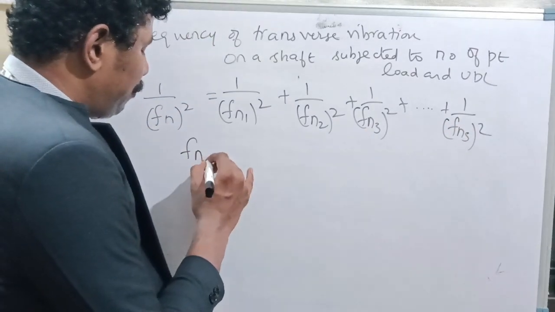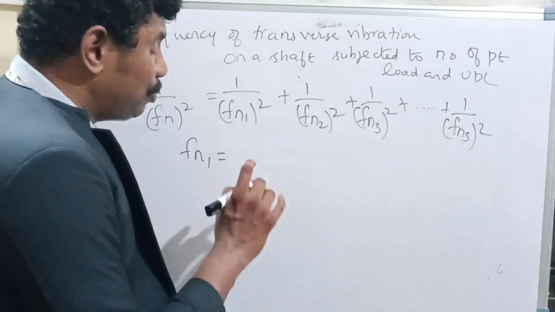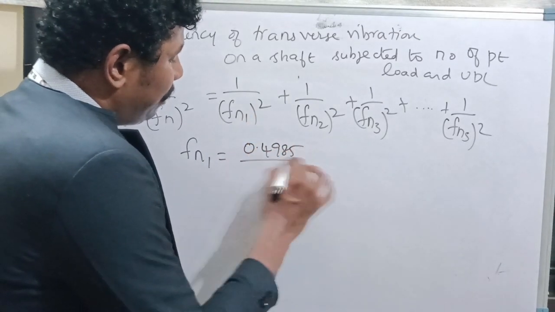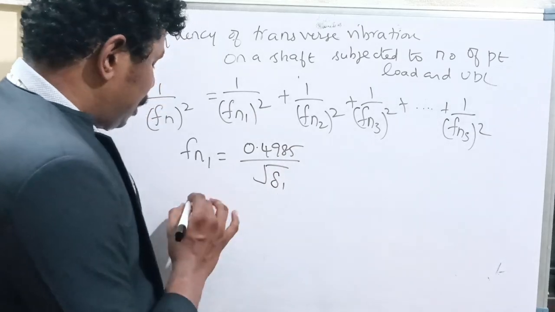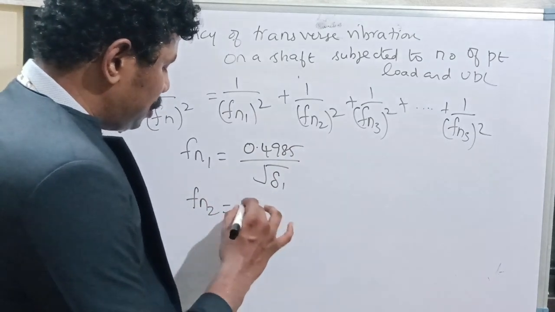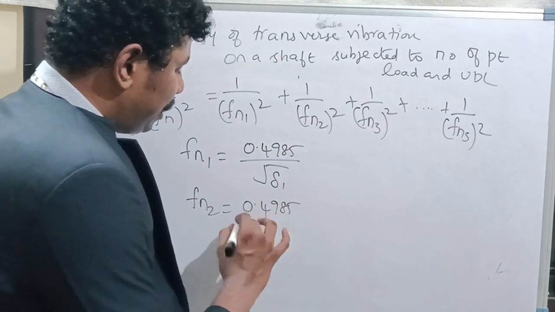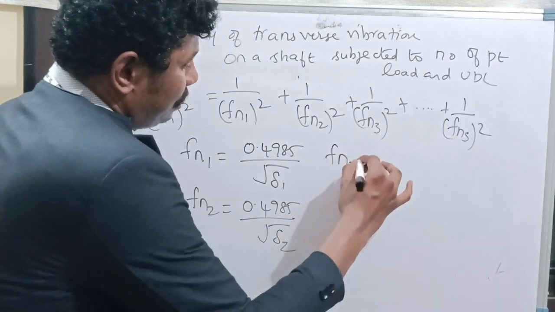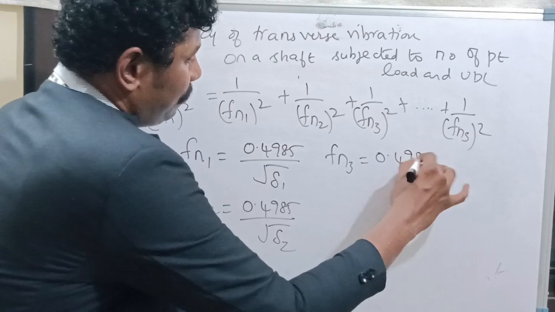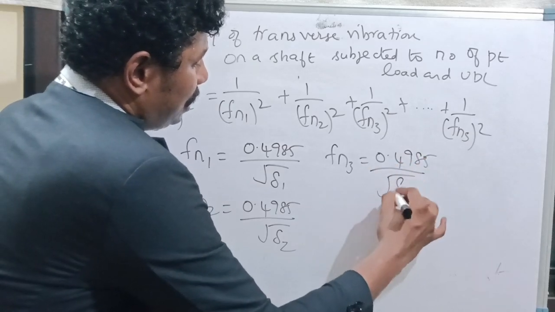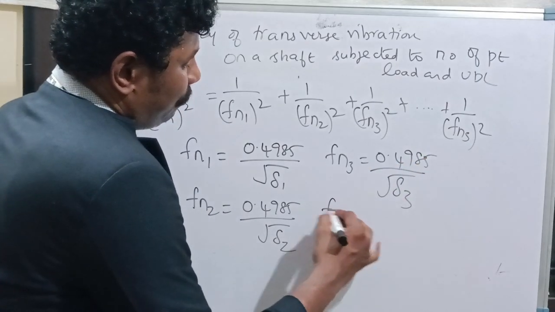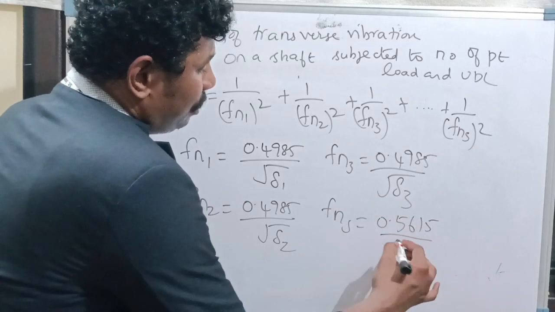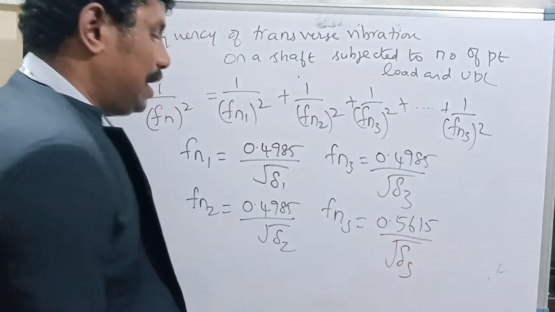Fn1 is nothing but the frequency due to the load W1, so it is 0.4985 divided by root delta 1. Fn2 is 0.4985 by root delta 2, and Fn3 is 0.4985 divided by root delta 3, and Fns is equal to 0.5615 by root delta S. So these are the terms.